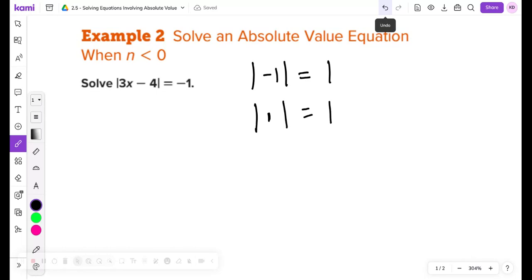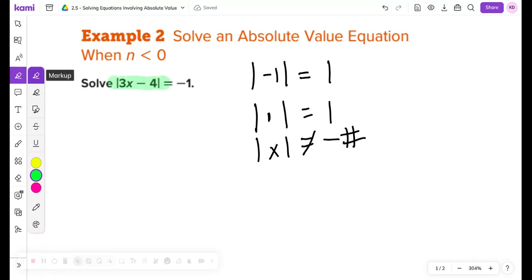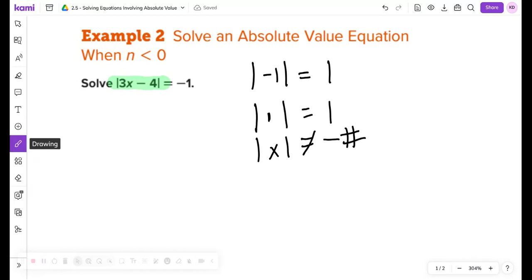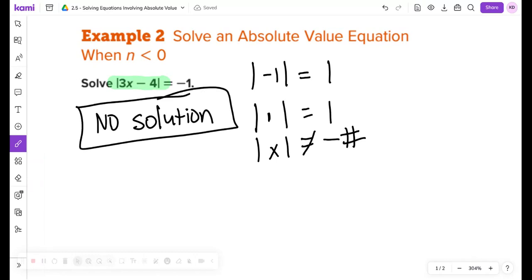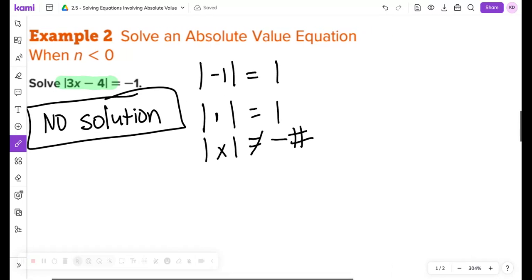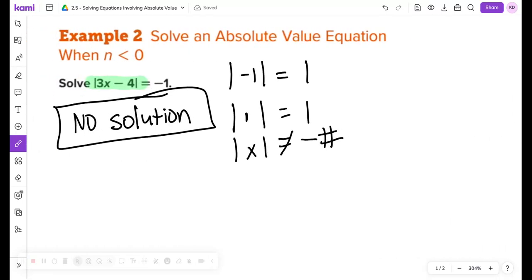There is no way that the absolute value of a number can equal a negative number. So after you have isolated your absolute value, if it equals a negative number, your answer would just be no solution. There is no number that you can plug into that equation that is going to make that equation true, because it cannot be equal to a negative number.